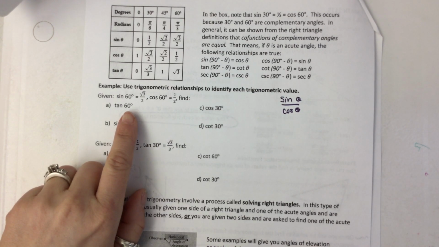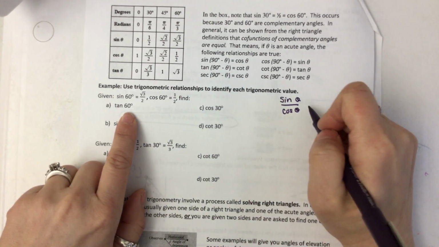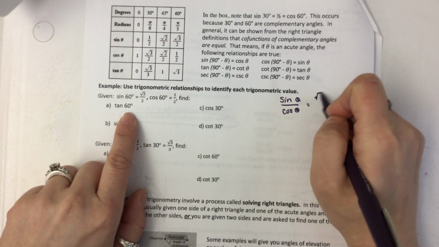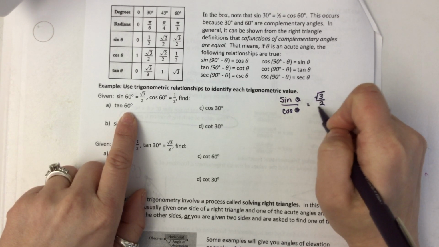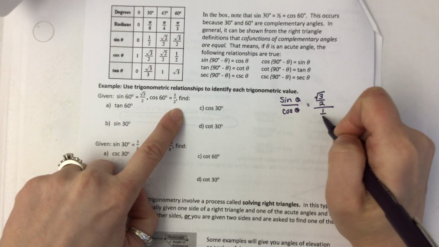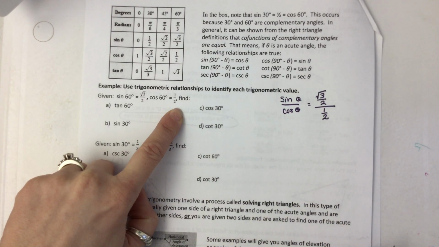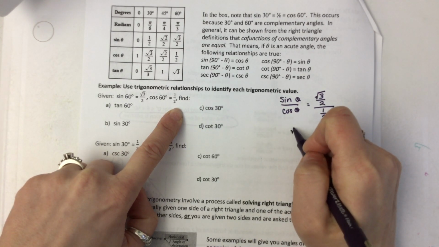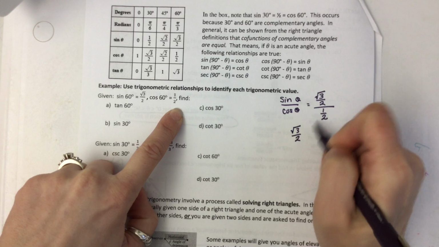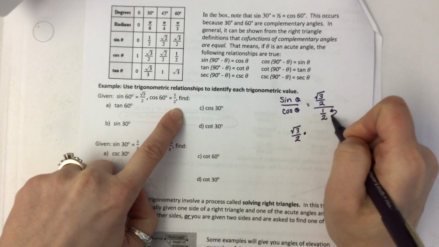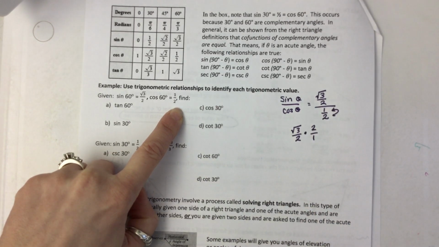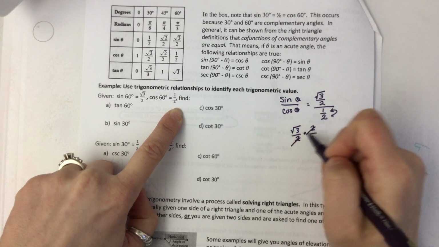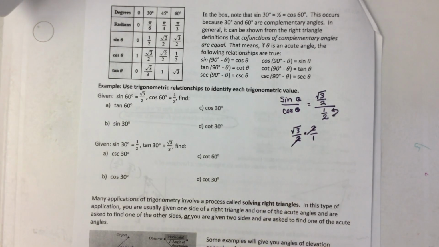So if I want the tangent of 60, I take the sine of 60, which is the square root of 3 over 2, divided by the cosine of 60, which is 1/2. Well, I can't divide fractions. So I keep the top the same, change divide to multiply, flip the second one upside down. The 2's would cross cancel. The square root of 3 over 1 is the square root of 3.